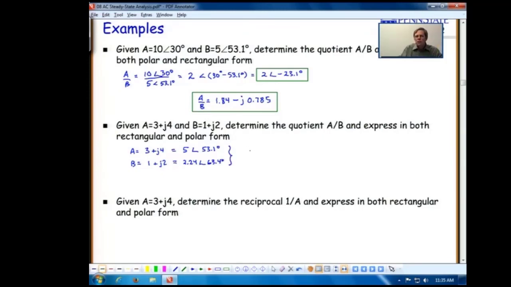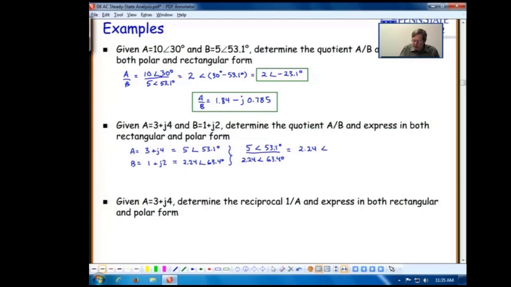So let's divide the polar form of those two complex numbers. That'll be a lot easier to do. 5 at an angle of 53.1 degrees divided by 2.24 at an angle of 63.4 degrees. We divide the magnitudes, so that's 5 over 2.24.